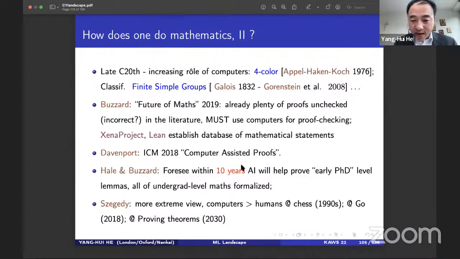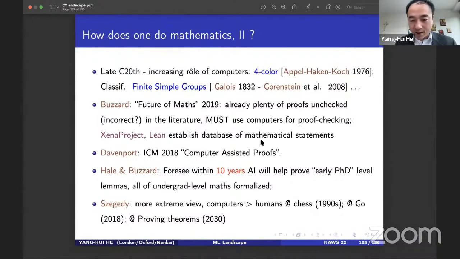They think within 10 years, the Xena project, using the Lean programming language, will prove every single statement in undergraduate level mathematics. In other words, you put in the logical axioms, 2 points define a line, 1 + 1 is 2, and you hit the return button, it will produce every single correct statement within undergraduate level mathematics in 10 years' time. And we'll see it. And they're very optimistic about this.